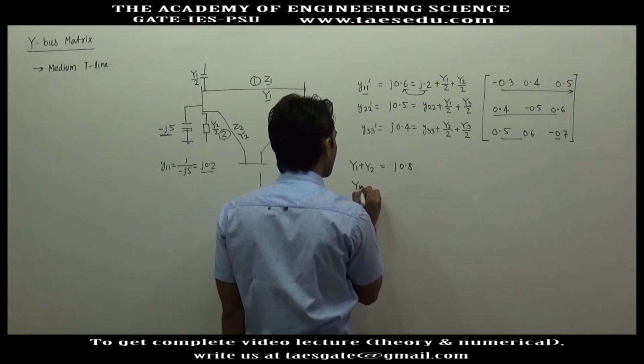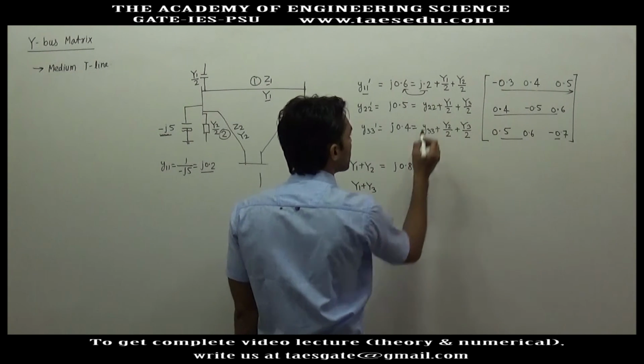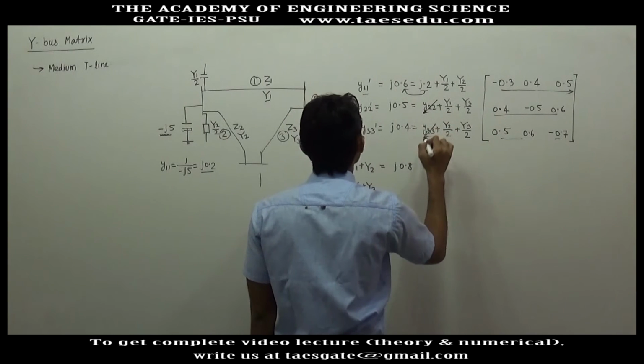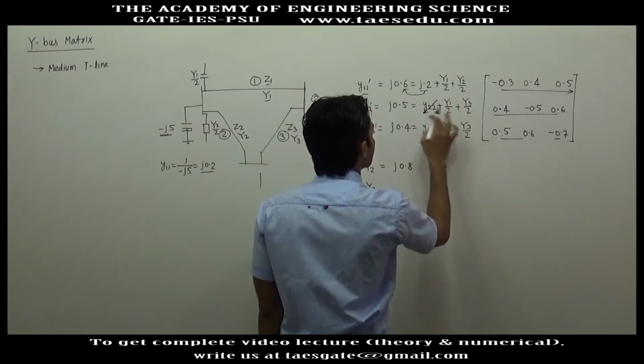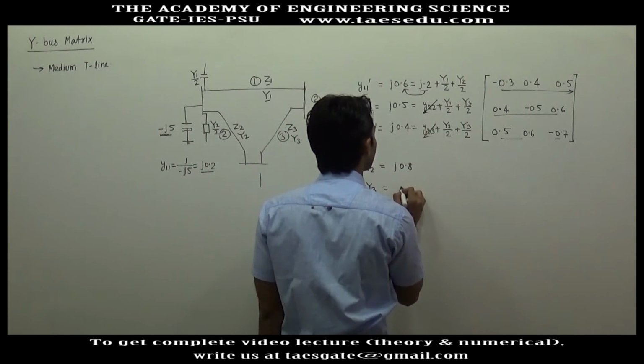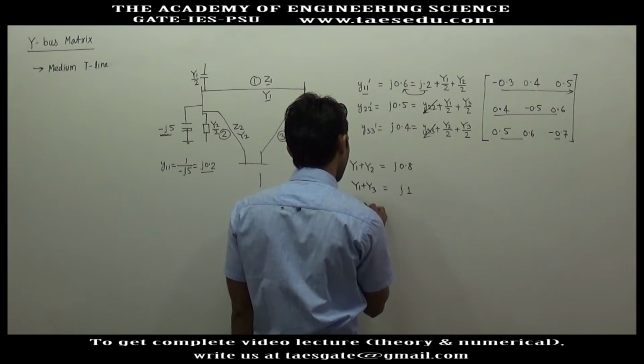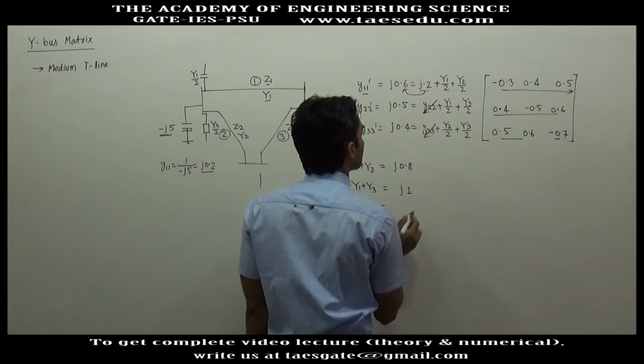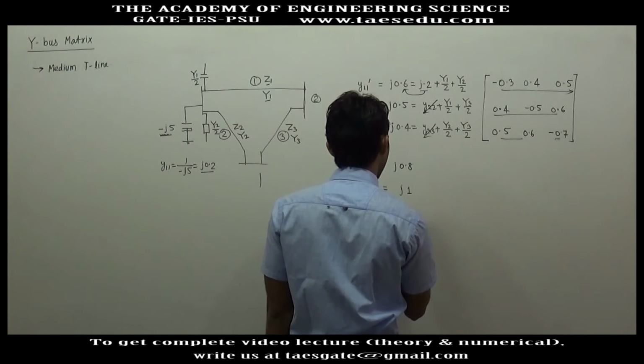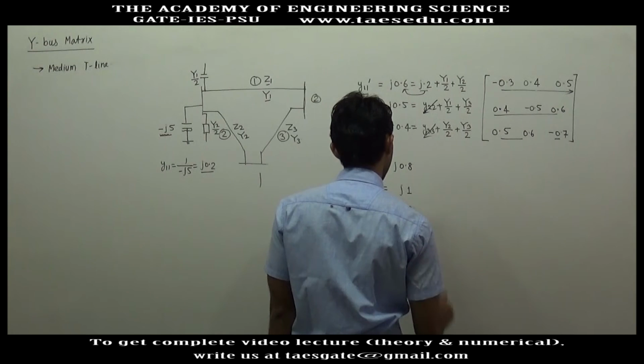Similarly y1 plus y3 will be, y22 is 0, y33 is also 0, this will give you j1, and y2 plus y3 will be j 0.8.